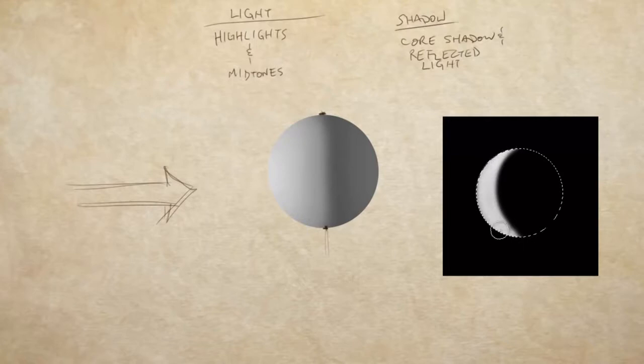But the important thing to note is that even though there is no reflected light, you still start and end halfway. So if you connected these 2 points, it would divide this halfway into the sphere, and the light is coming from, in this case, this direction, right? So if you look at the moon, you'll notice that.